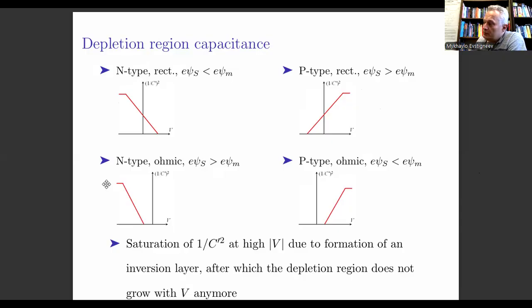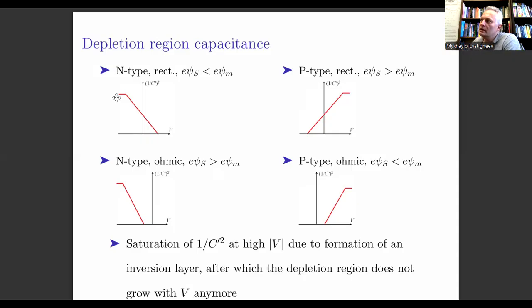If you're increasing the size of the depletion region by increasing the magnitude of the voltage on the metal, depending on the N-type or P-type semiconductor, you cannot increase it indefinitely, because eventually you will reach the voltage at which the inversion layer starts to form at the semiconductor surface.